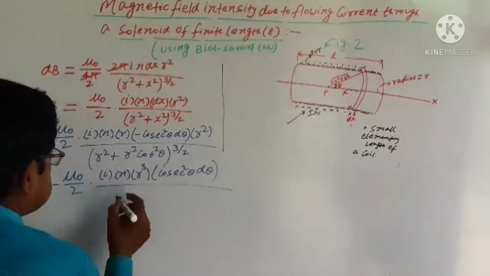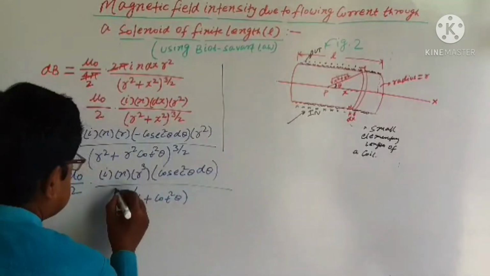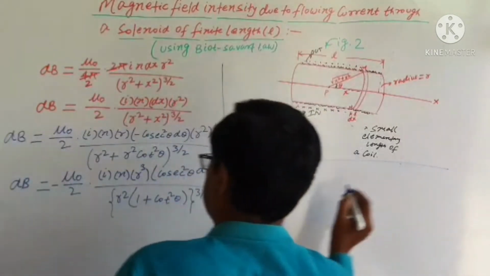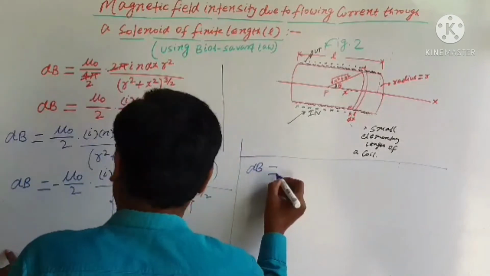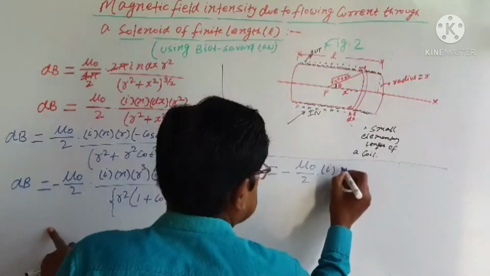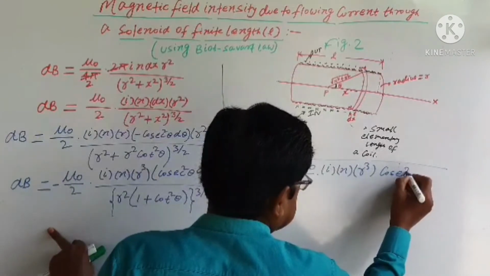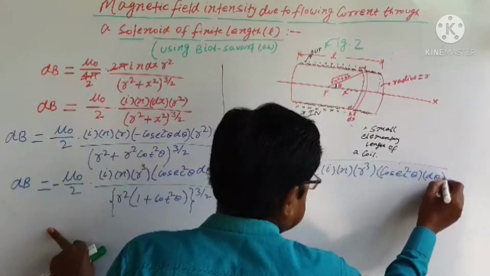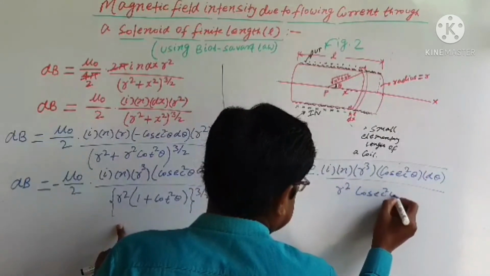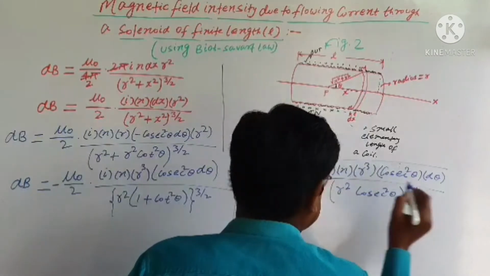And r square is taken common, so r square times 1 plus cot square theta to the power 3 upon 2, and it may be written further this way: dB is equal to minus mu naught over 2 I n r cube cosec square theta d theta, upon r square cosec square theta, because 1 plus cot square theta is equal to cosec square theta, to the power 3 upon 2. Okay.